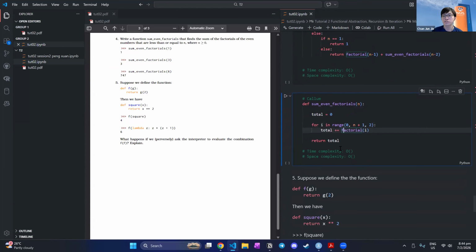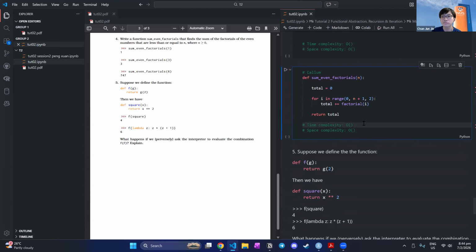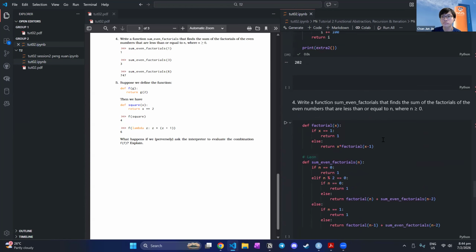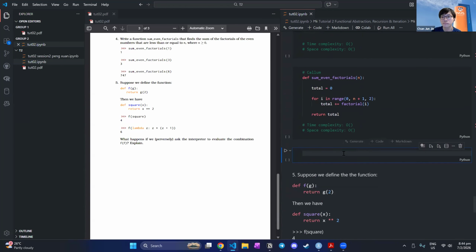Right, Callum, can you explain your answer? So sorry, let me go back to my code. So I defined sum even factorials for n, and then I didn't know how to do it recursively, so I did it iteratively. So I put for I in range, so start, stop, step.